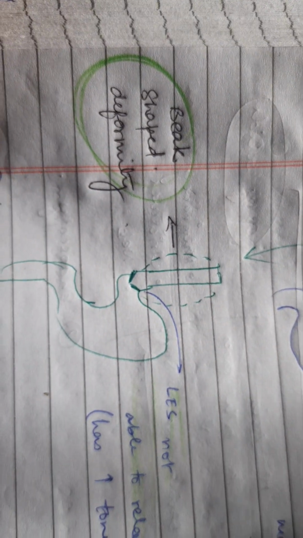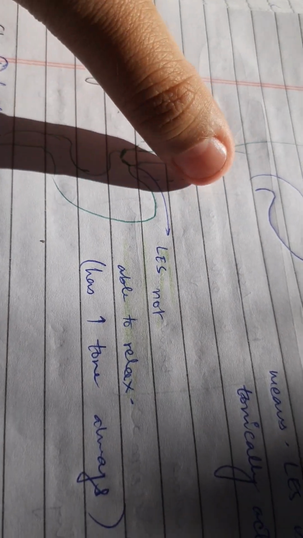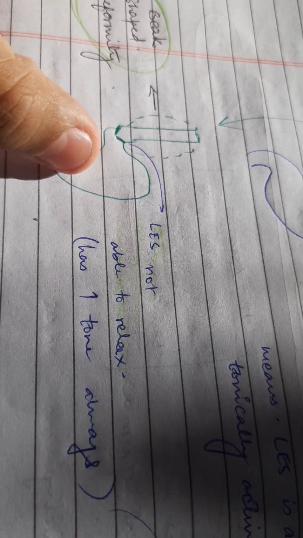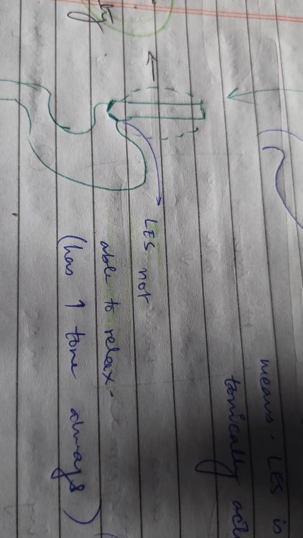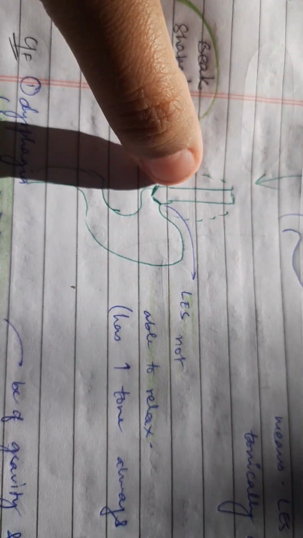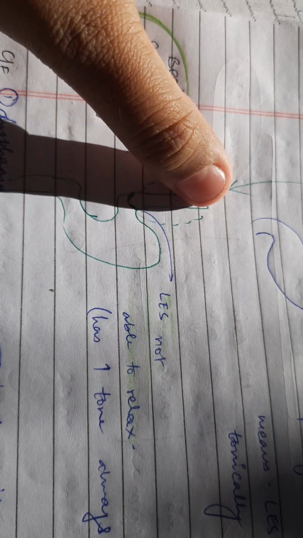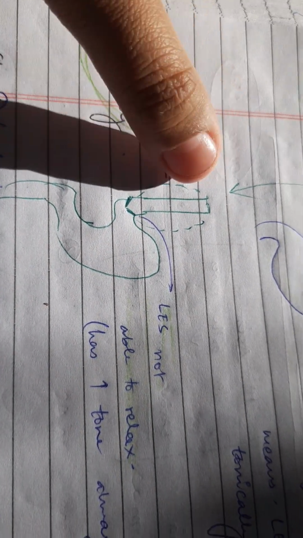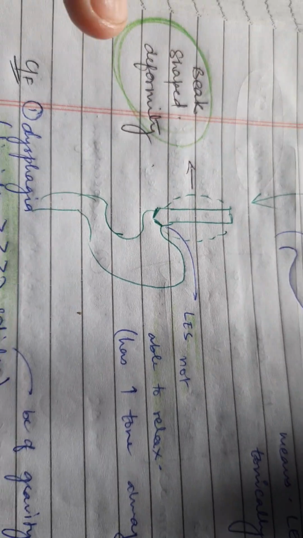In achalasia cardia, the lower esophageal sphincter is not able to relax and has increased tonicity always. Even when food is passing, it will not relax. So the upper portion will bulge like this. It will look like a beak shaped deformity because it is not opening.